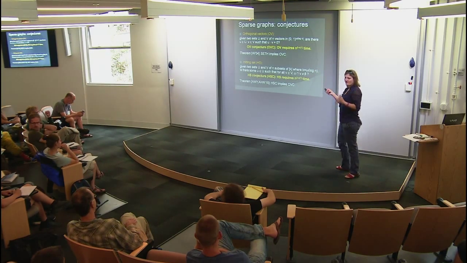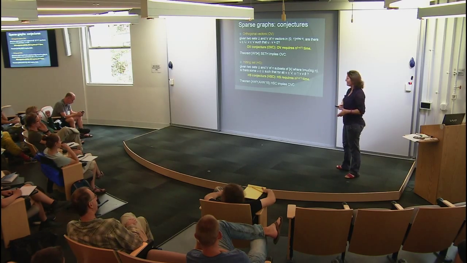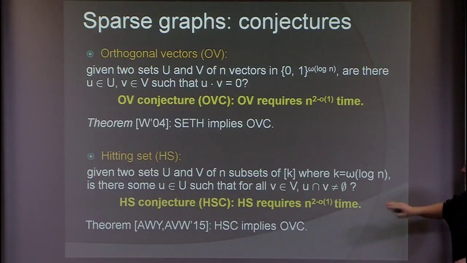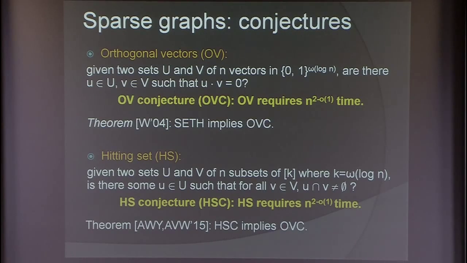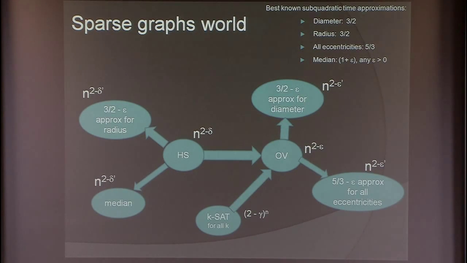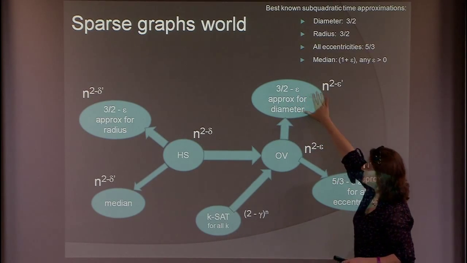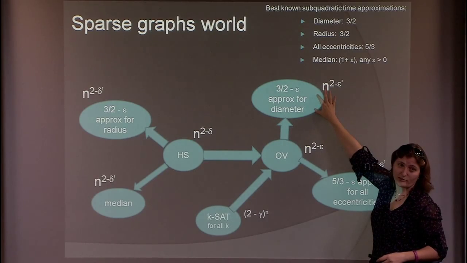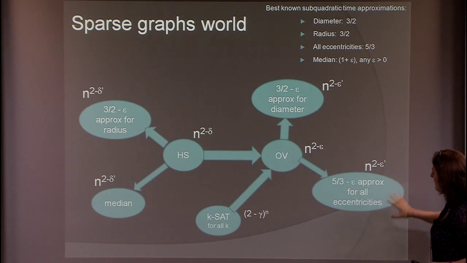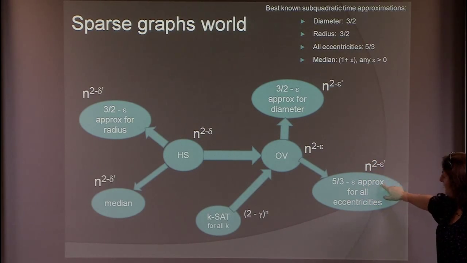Okay, so we have these two conjectures. One is more believable than the other, but we can prove the following. This is a picture of some of the things we know, at least with respect to the parameters I defined. You can reduce orthogonal vectors to beating a 3/2 approximation in subquadratic time for the diameter, and a 5/3 approximation for the eccentricities.